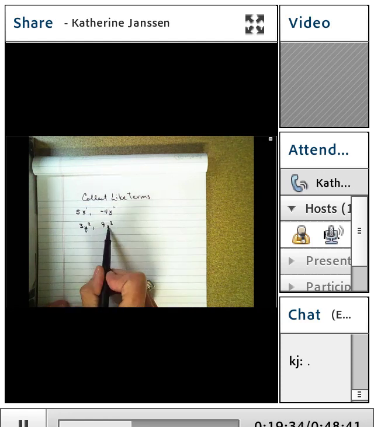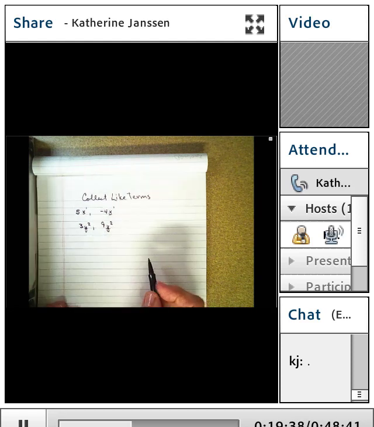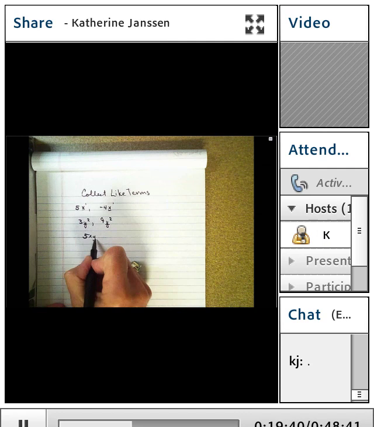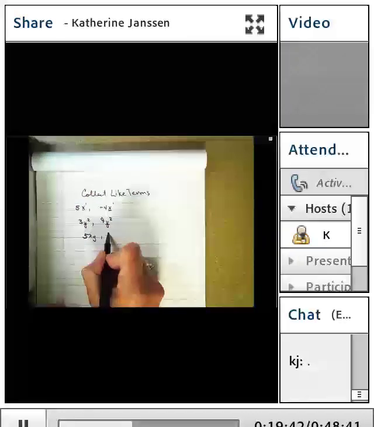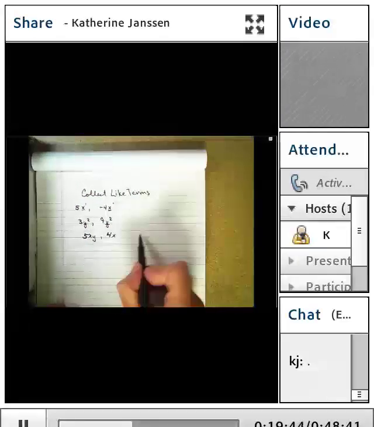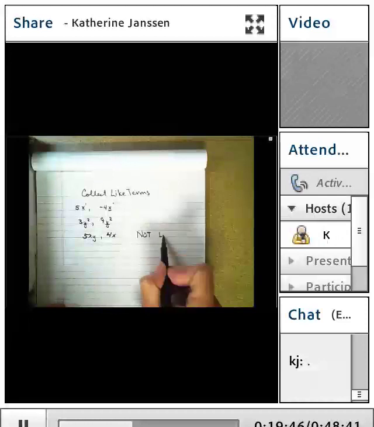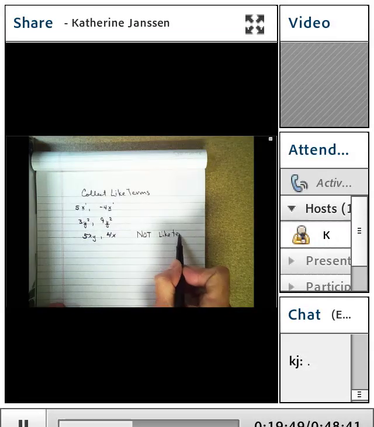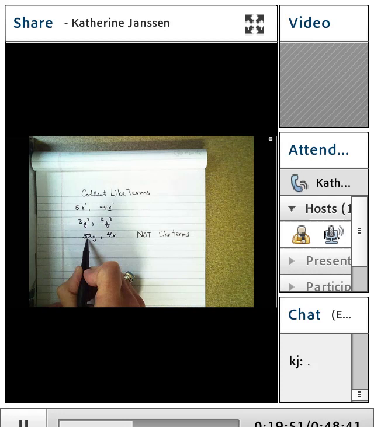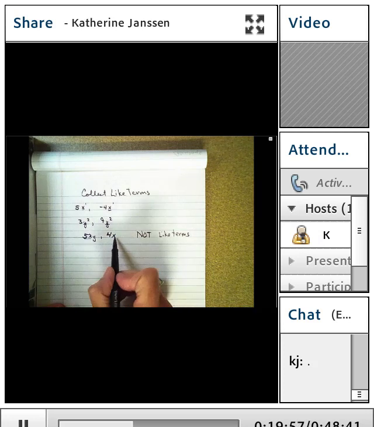This term has a y squared term. They are like terms. 5xy and 4x are not like terms. I have a 5x, but here's also a y. So this term is not a like term to 4x.